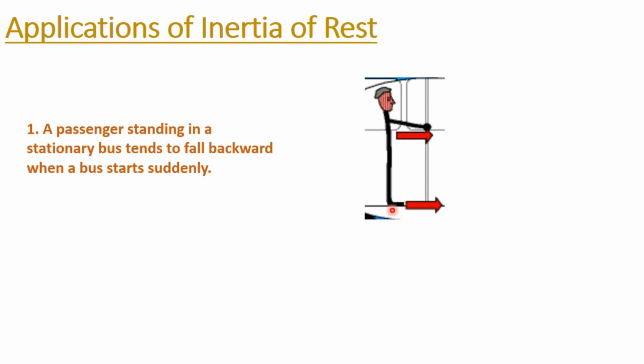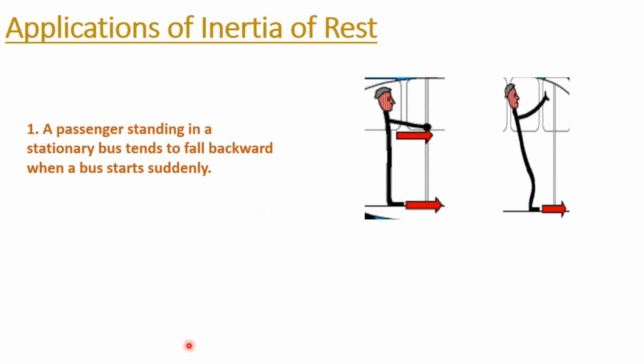You can check in this figure. In this figure, the bus is in which state? Rest state. So the passenger is also in which state? Rest. When the bus starts suddenly, then what will happen? The passenger will fall backward. So what is the reason behind it? If we consider initially, the bus and the passenger were in which state?